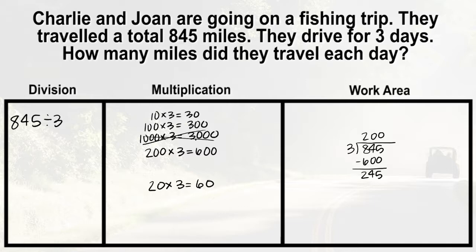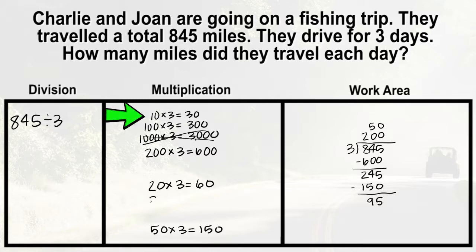Let's see if we can get closer. Let's half 100 times 3 to make 50 times 3 equals 150. 150 is smaller than 245, so let's use the 50 times 3. Write the partial quotient of 50 on top of the 200. 245 subtract 150 equals 95.